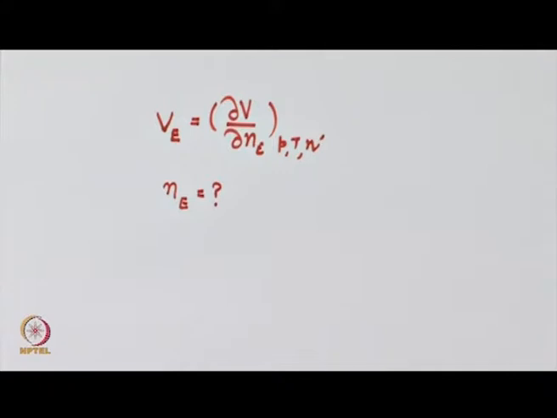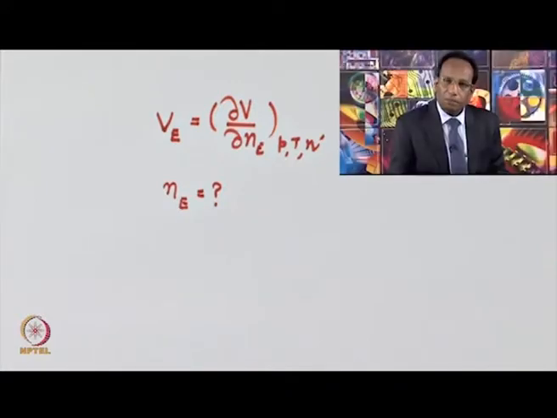Now let us try to appreciate that the solution has been prepared by mixing 500 gram of ethanol in 1 kilogram of water. How do we define molality? Molality is the number of moles of solute in 1 kilogram of solvent.